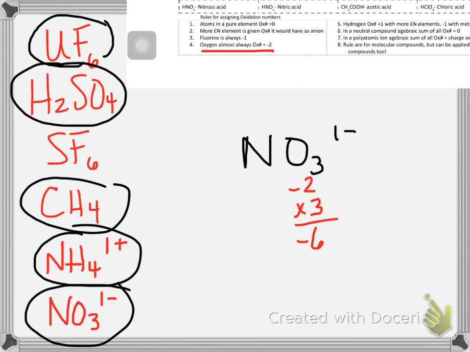Now -6 plus something has to equal -1. So that would be +5, and we're going to divide that by the 1, which really is a formality. And we find that nitrogen here has an oxidation number of +5. It's not the 3 that we're used to, but it happens sometimes. It's okay. And that is, in fact, the correct answer.